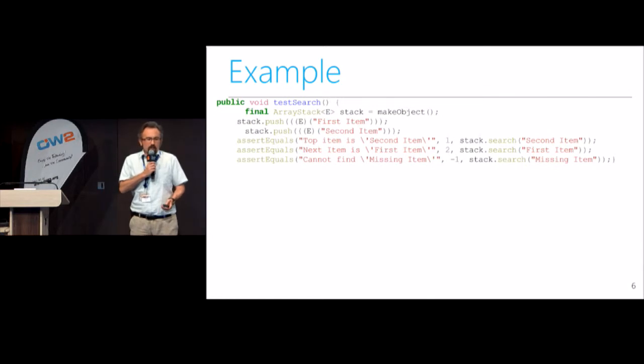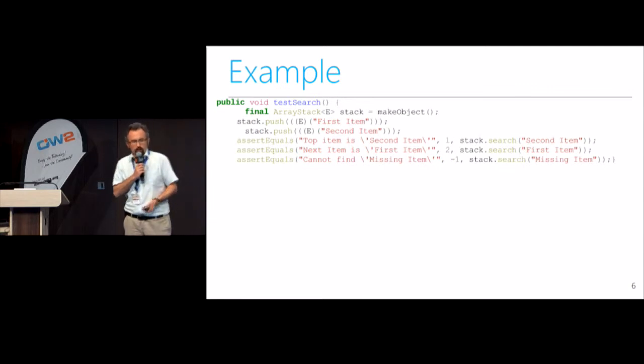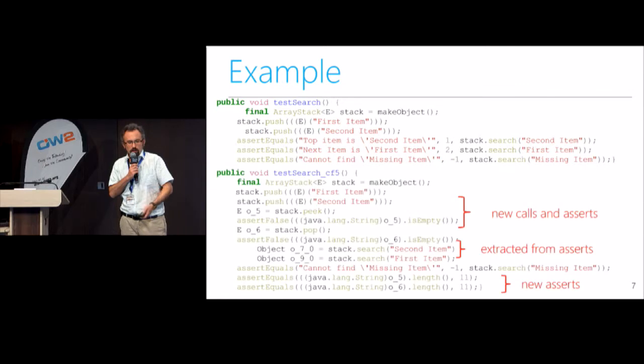Here is the hello world of the unit test. So you've got a test method, test search, you instantiate an object and do some initializations, and then you make assertions. What an amplification does is this.